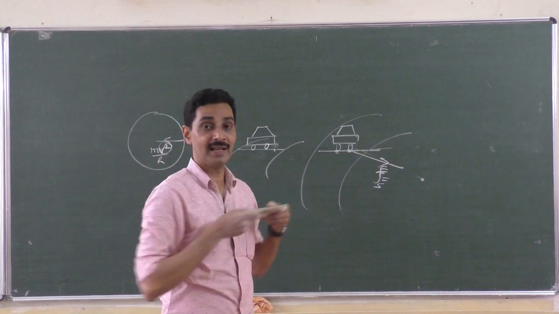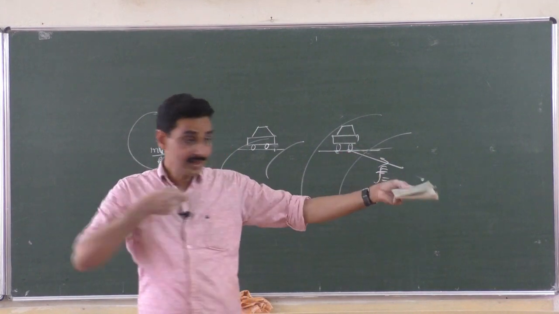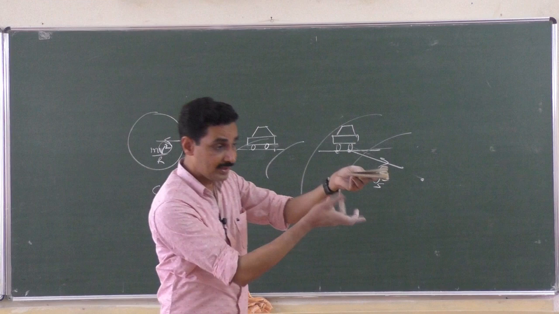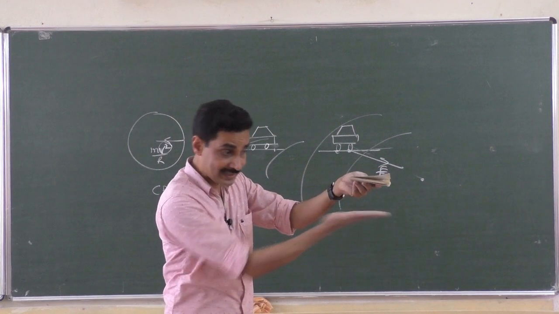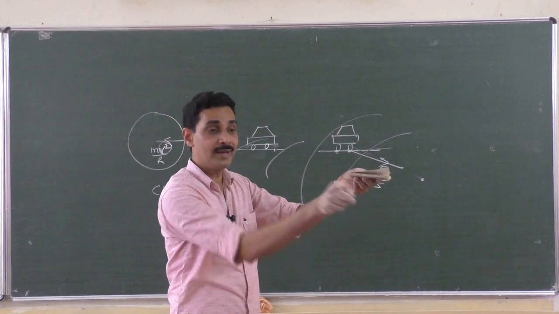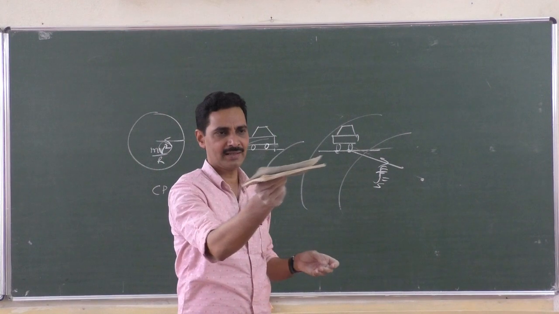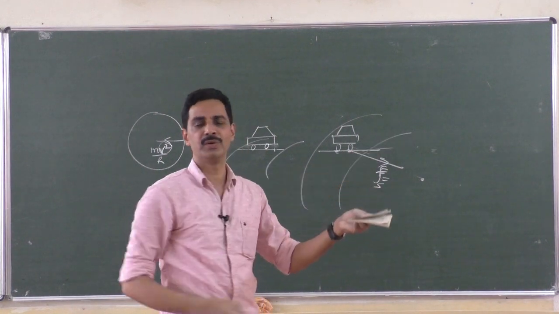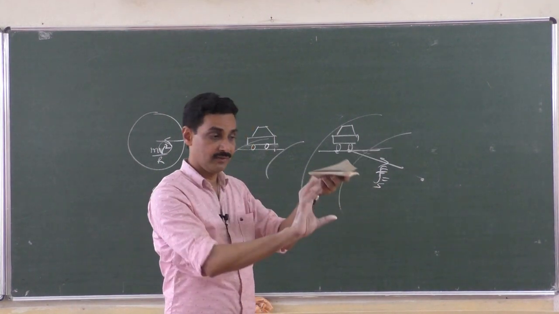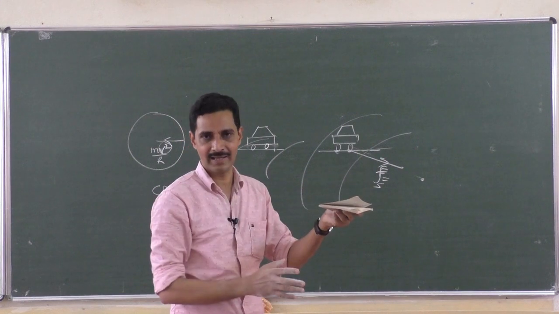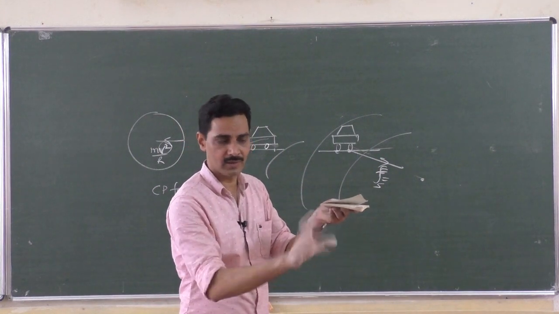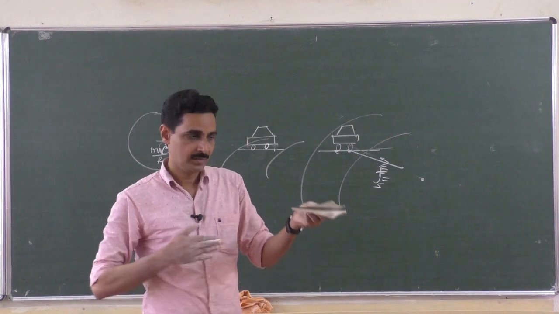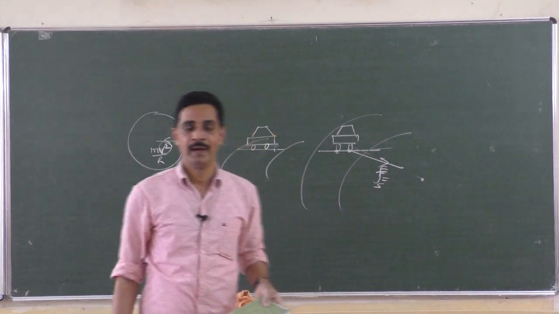The vehicle is not moving like this, but I need a centripetal force like this. So friction between the wheels and the road in this direction gives the centripetal force. The vehicle is taking a turn like this, but in this direction there is no motion. In this direction the wheel and road are static. In the other direction the wheel may be rolling on the road, but in this direction there is no motion.